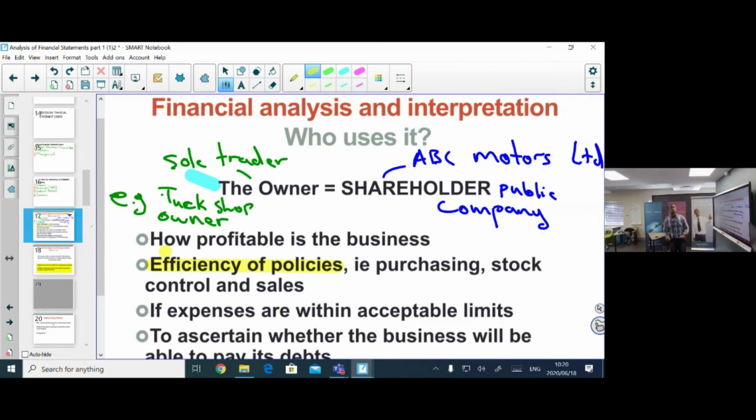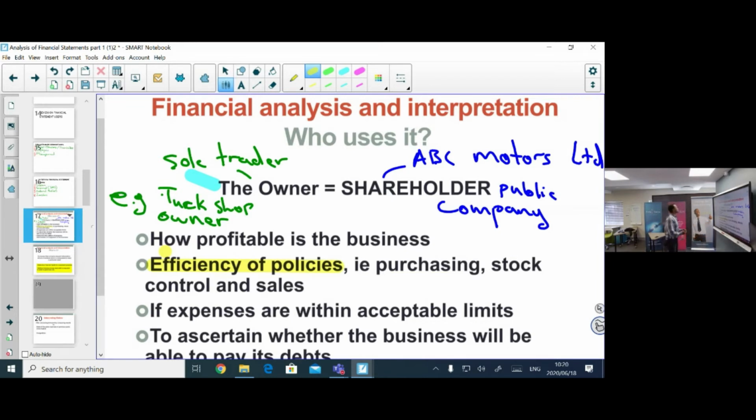Because sometimes where there are no policies or controls in place, things can just go haphazardly. They can be a mess, you see. And purchasing, stock control and sales, many policies to be in place.